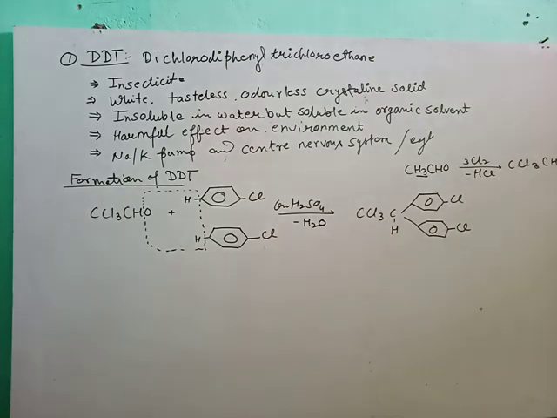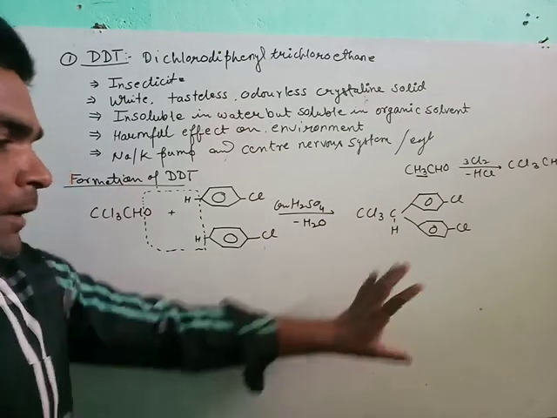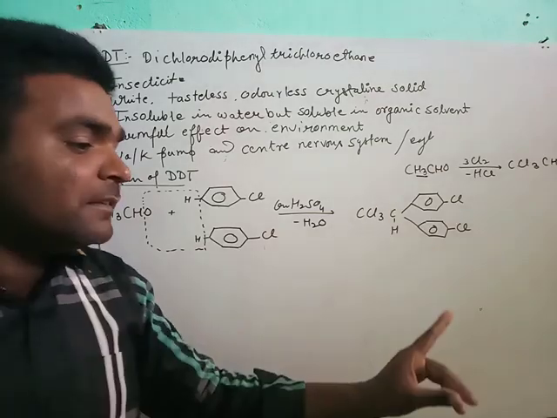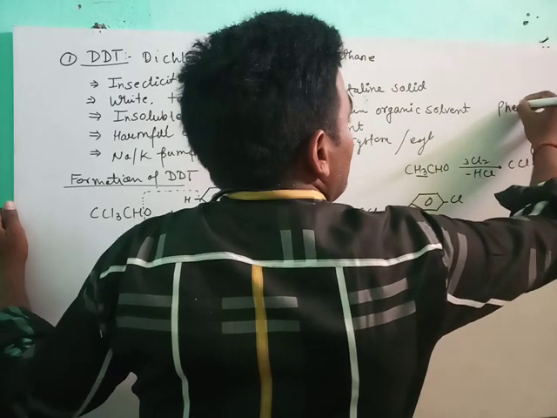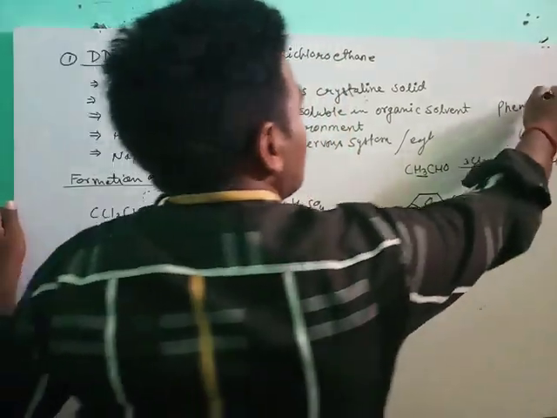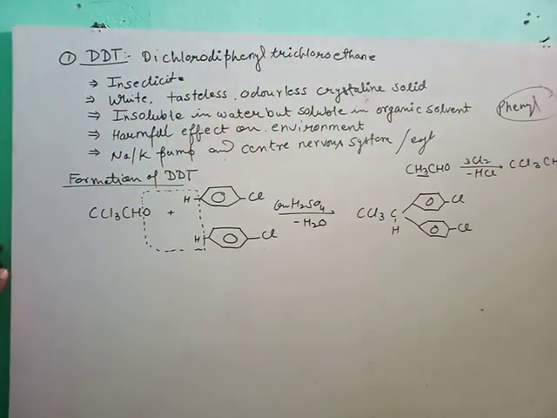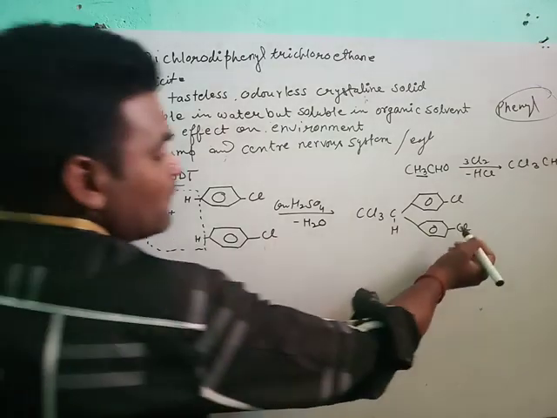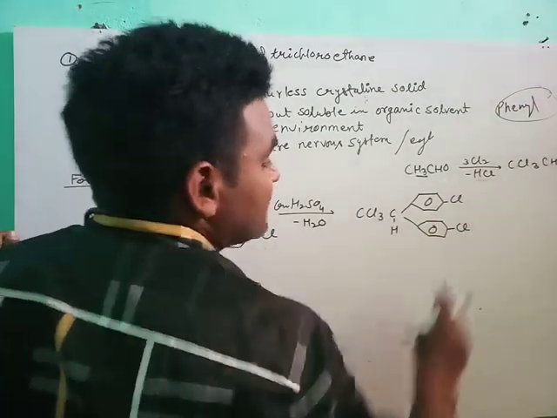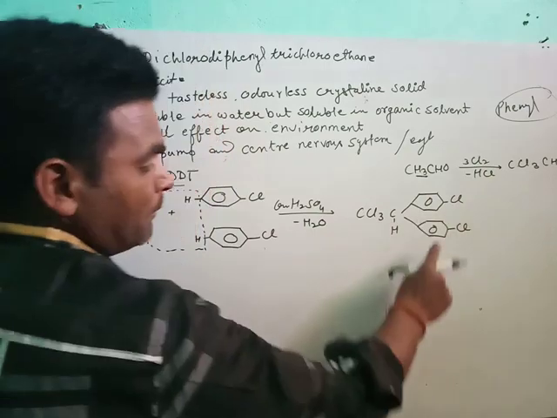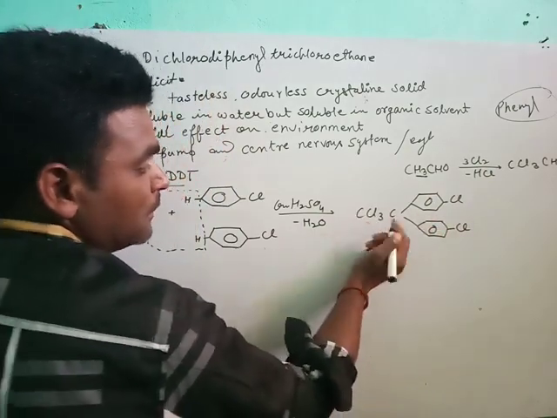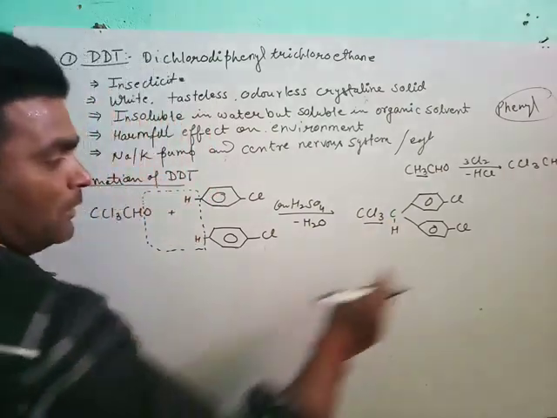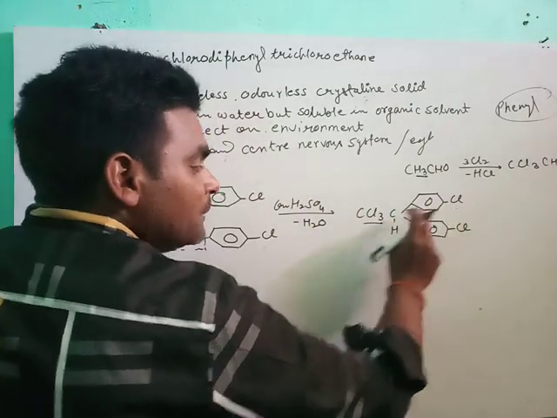Benzene ring used as a prefix is called phenyl. So Cl and Cl is dichloro and 2 benzene is diphenyl, and here 3 chlorines, trichloro.